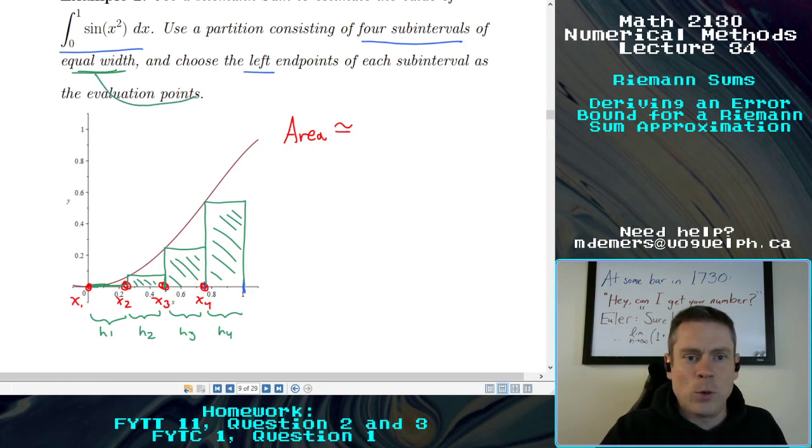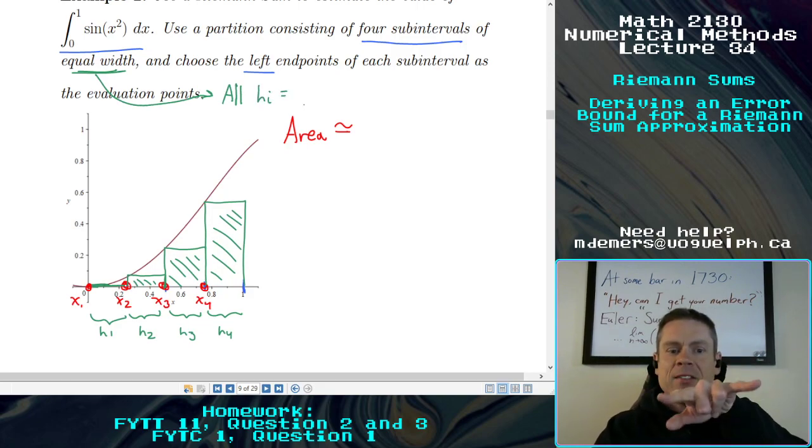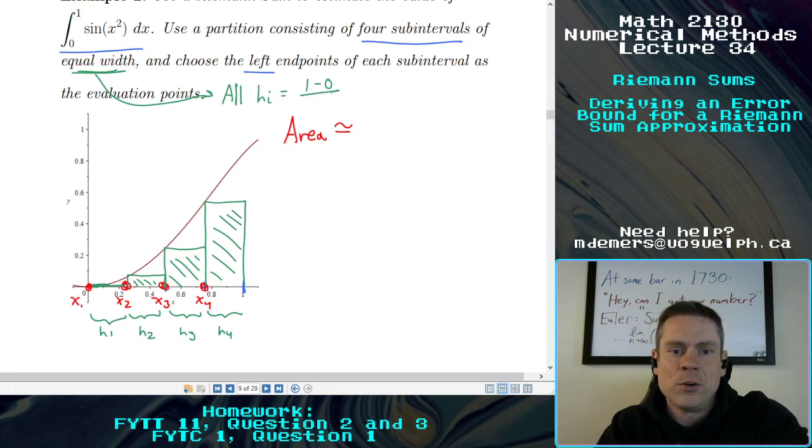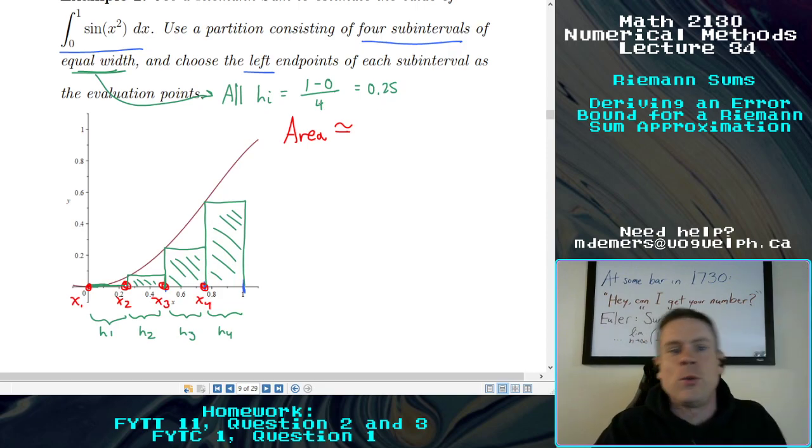Because it's equal width, all h_i are going to equal (b minus a) over n, so 1 minus 0, the domain of integration. 1 minus 0 is the whole width, and I'm dividing that into 4. So divided by 4 equals 0.25, or you could just use 1/4 if you wanted to.